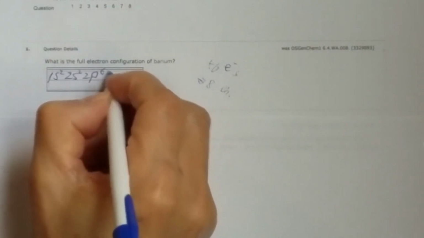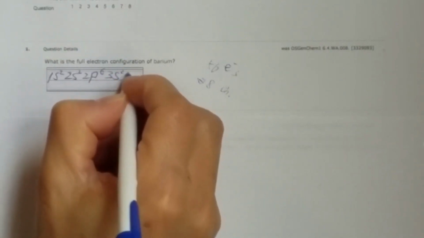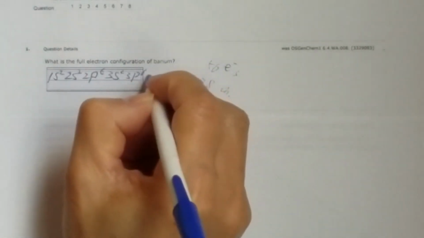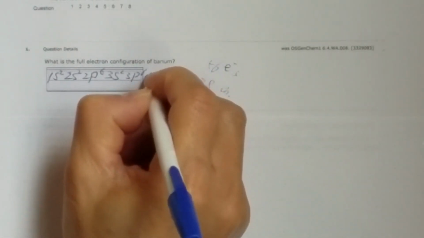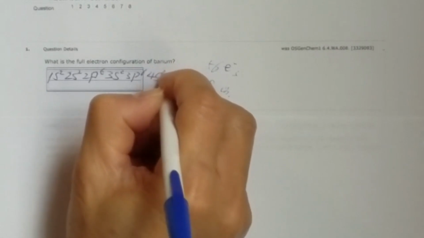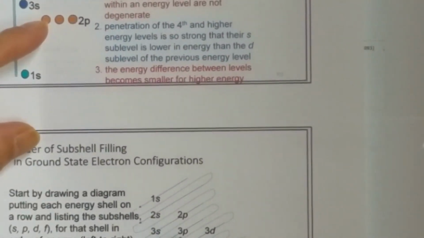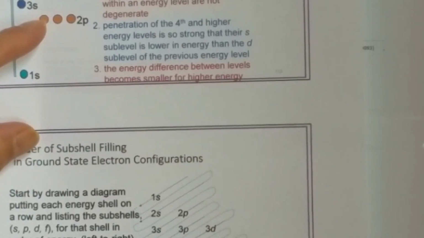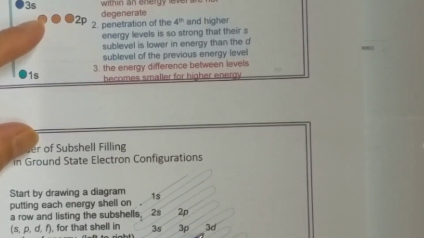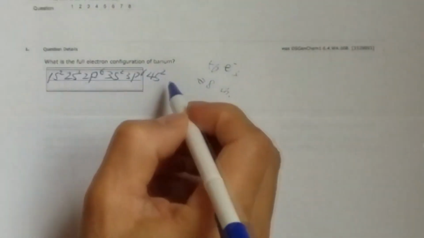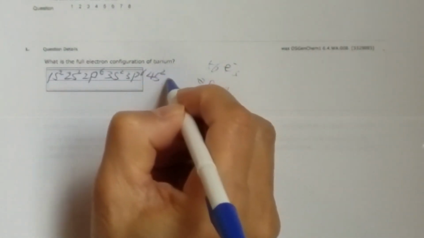Then after that, 3s2, 3p6, and then 4s2. You see, after 3p, you will have 4s. Then after 4s, you have the 3d.